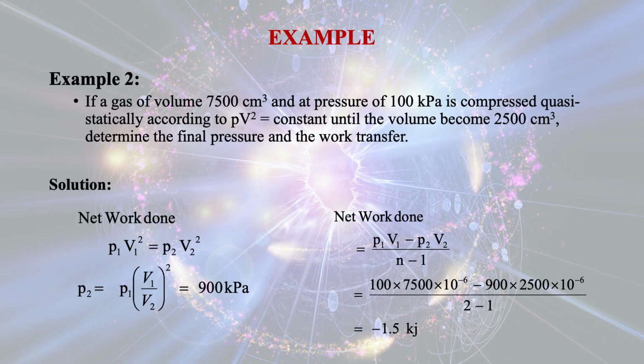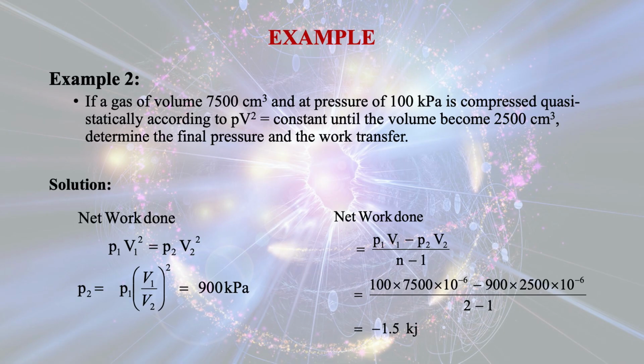From the polytropic equation, P1 V1 square is equal to P2 V2 square. So we can calculate the final pressure, that is P2 is equal to P1 within bracket V1 by V2 whole square. P1 is given as 100 kilopascal, V1 is 7500, V2 is given as 2500 centimeter cube. So P2 we can calculate, that is 900 kilopascal.